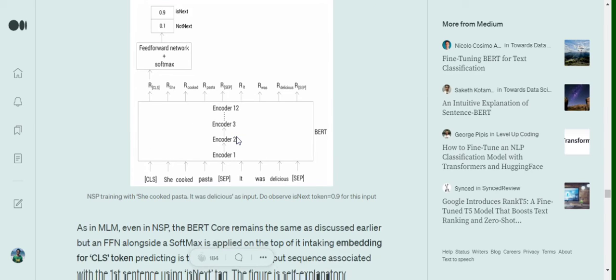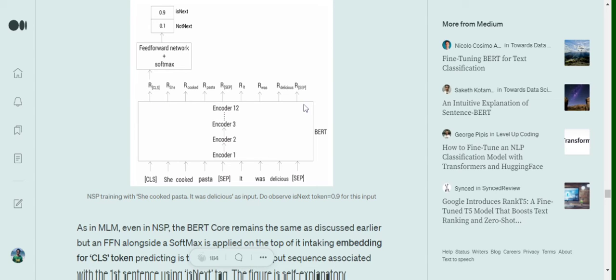Now, let's understand the architecture, how it is changing a bit. Assume that we are inputting the sentence, "She cooked pasta. It was delicious." It again goes to the BERT base model that comprises 12 code blocks.